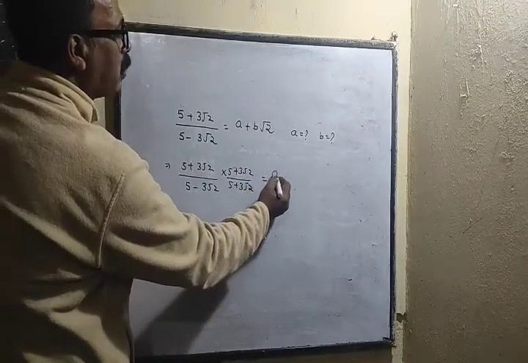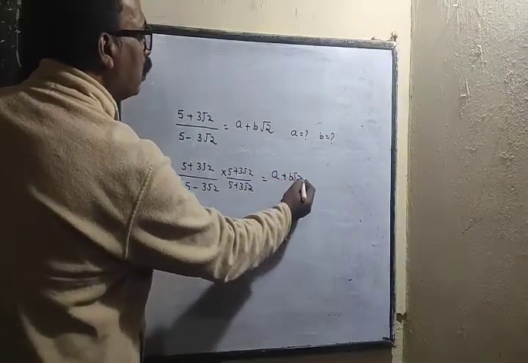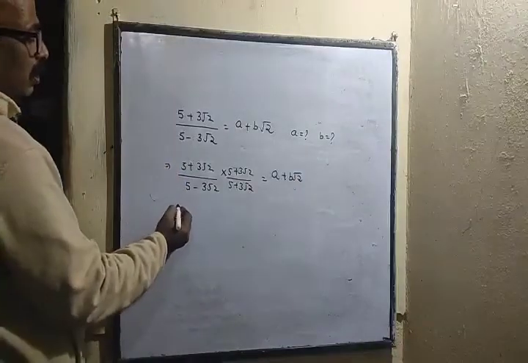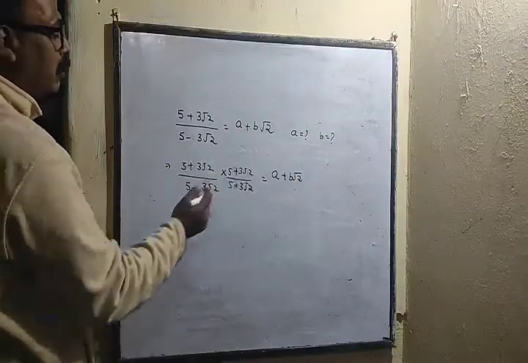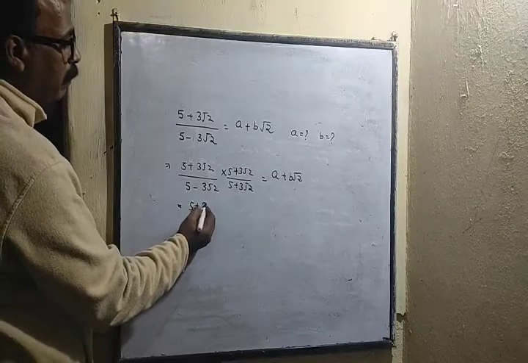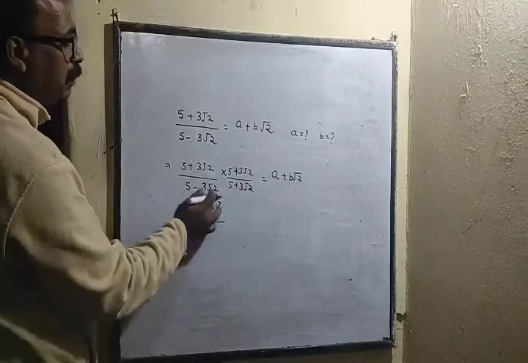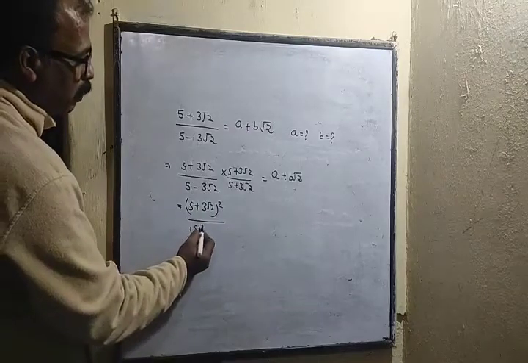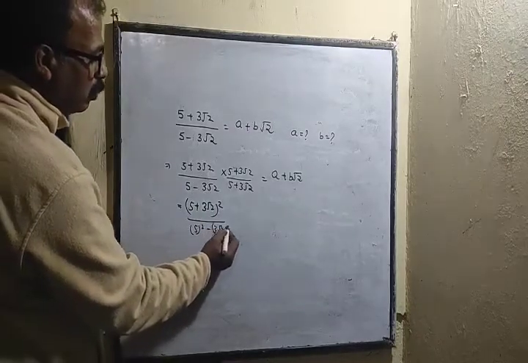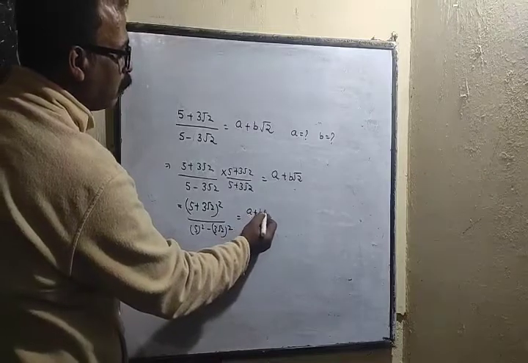The right hand side is to be copied only. So it will be a multiplication of these two. So it will be 5 plus 3 root 2 whole square, and it is in a plus b and a minus b form, so it will be 5 whole square minus 3 root 2 whole square, that is equal to a plus b root 2.